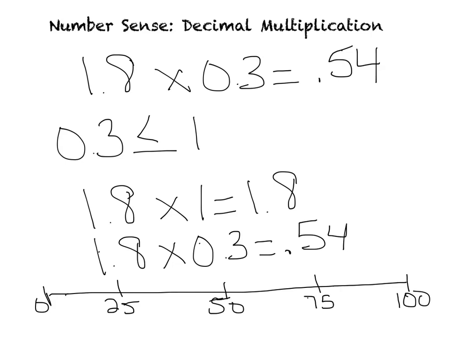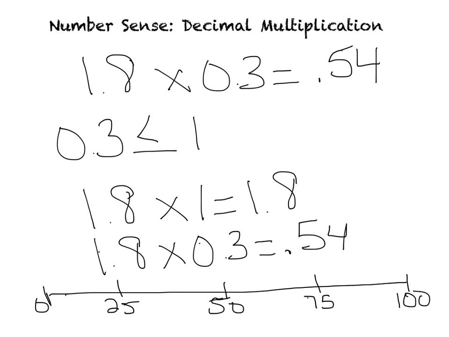Do you see how this is like money? 0 means that you're broke, you got nothing. 25 or a quarter, 1/4 is 25 cents. Half is 50 cents, half a dollar. 75 cents is 3/4, 3 over 4. And then a whole is 1 whole dollar. That's why we always talk to you about decimals and fractions being like money.